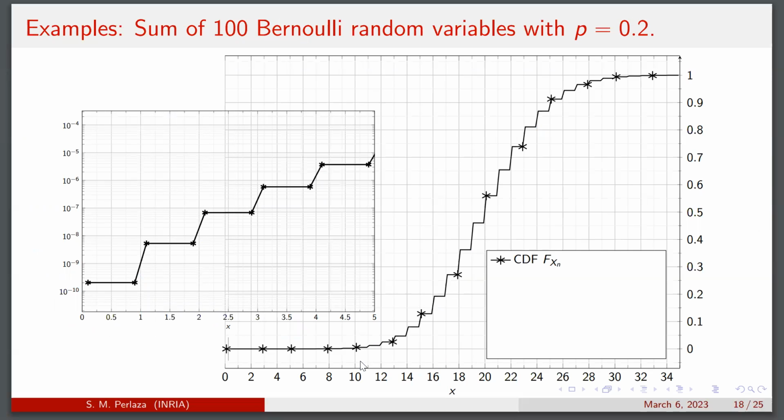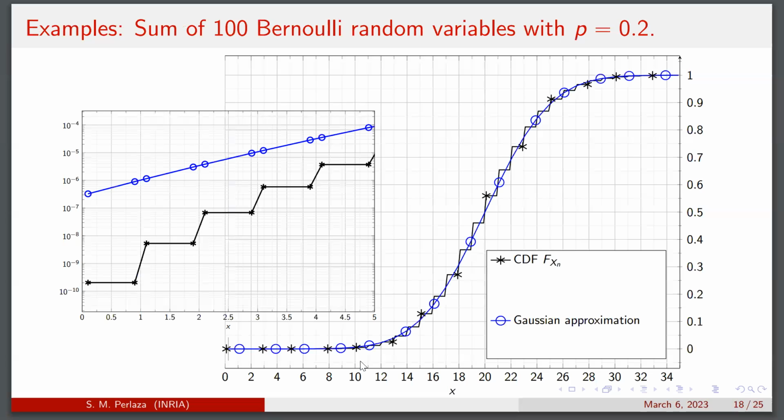Let's go to the examples. So here we have 100 Bernoulli random variables with parameter p equals 0.2, right? And we have calculated this CDF numerically. Okay, so the computer can do that very easily. And then we put on top of it the Gaussian approximation. Okay, and we see that it fits actually relatively good.